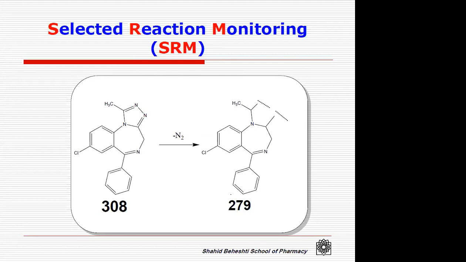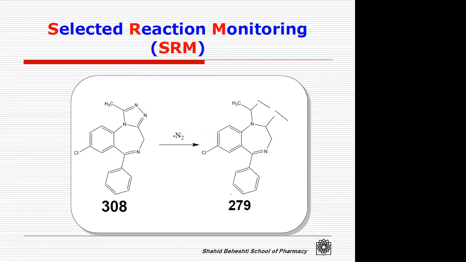regardless of having other compounds or molecules along with this molecule. The mass spectrometer will be able to just monitor this compound, and we could make the other compounds invisible and avoid their interference with this molecule. How is that done?